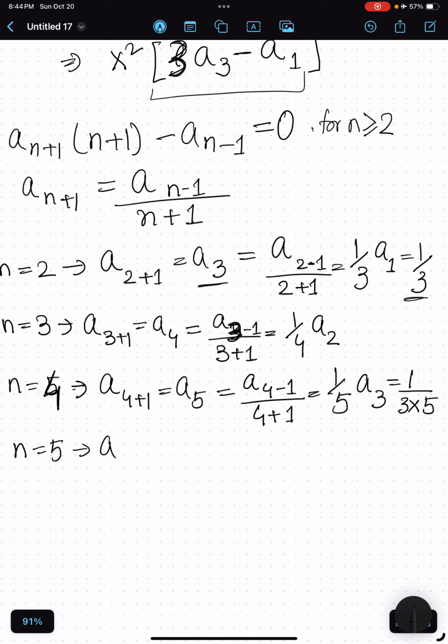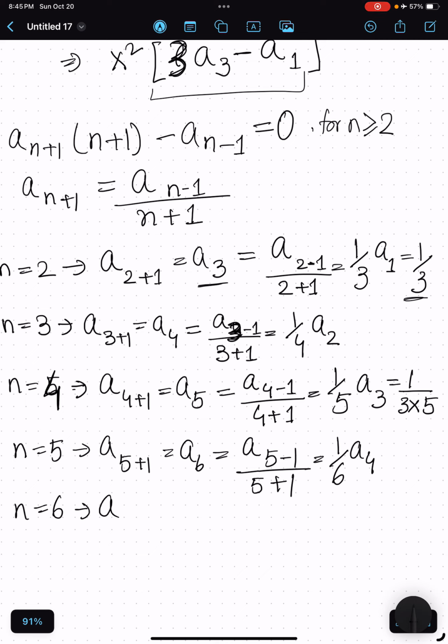So I have a sub 5 plus 1, which is a sub 6. Then we can write a sub 5 minus 1, divided by 5 plus 1, which is 1 by 6, a sub 4. Then we have n equal to 6, which is a sub 6 plus 1 equals a sub 7.